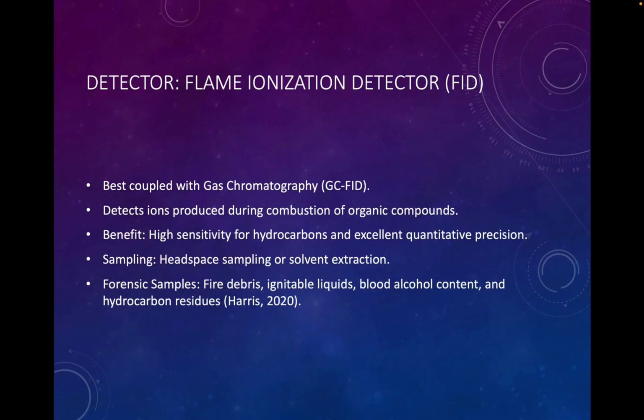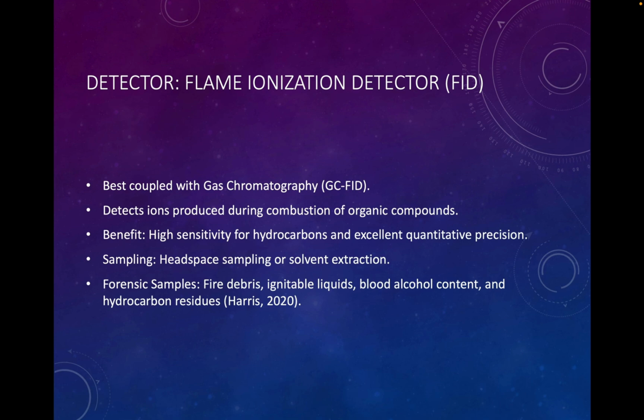Detector: flame ionization detector, FID. The flame ionization detector, or FID, is best coupled with gas chromatography, GC. I've learned that FID is highly sensitive to organic compounds and is especially effective for hydrocarbon analysis. It works by detecting ions produced when organic compounds are burned in a flame.